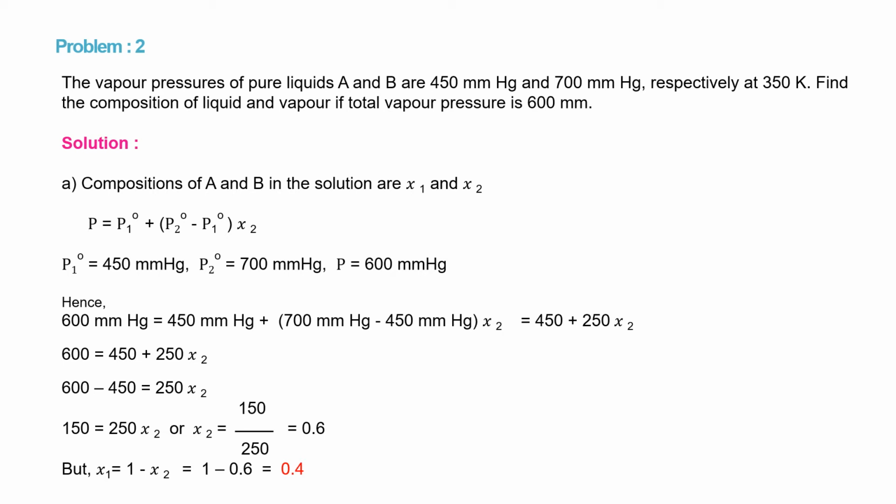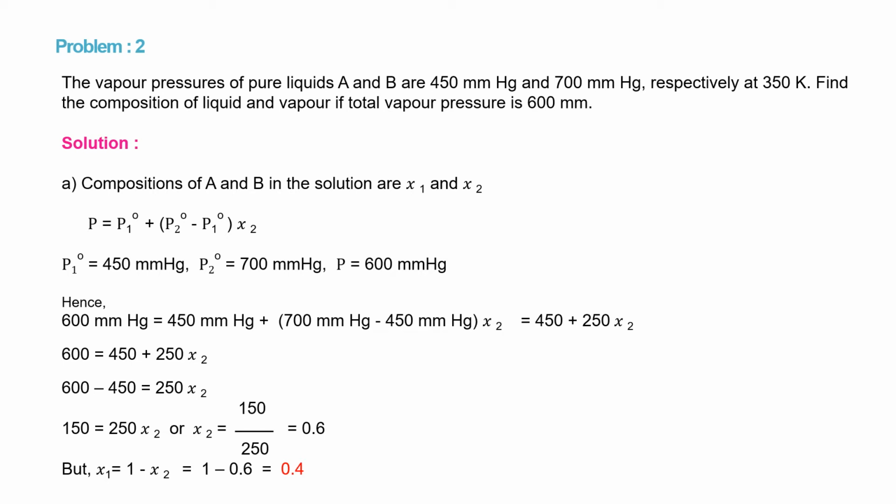Now the total pressure is equal to P01, the vapor pressure of pure liquid A, plus P02, the vapor pressure of pure component B, into X2.